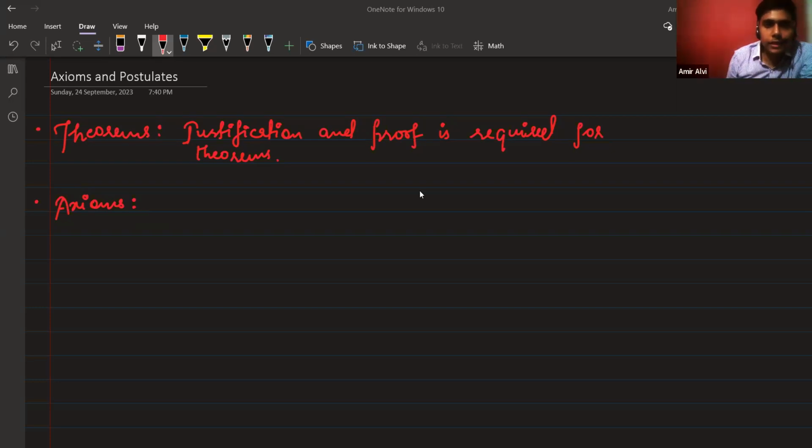So let me write it down here. Axioms. Basically, the definition is not going to be there in the chapter or the exams, but I'm still writing it so that you can understand.